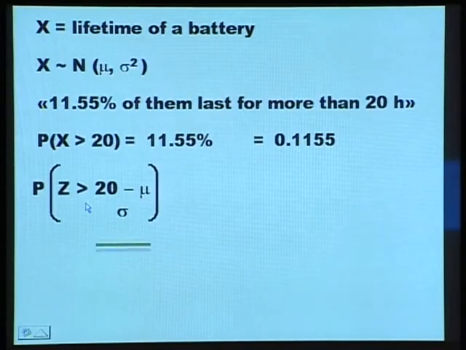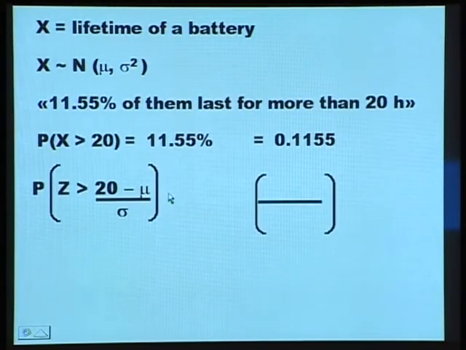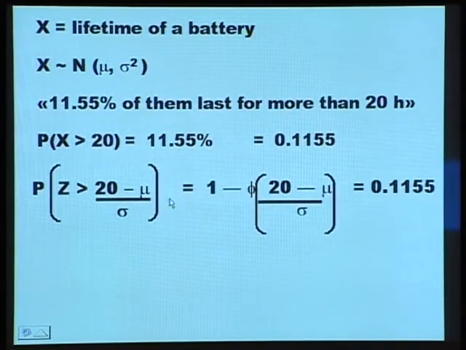To standardize, we'll replace X by Z, of course, because we are transforming X into Z. How? By subtracting from this value the mean mu and dividing it by the standard deviation. Of course, these two remain unknown, and writing it in terms of phi, since we have greater than, it will become 1 minus phi of this value, which is 0.1155.